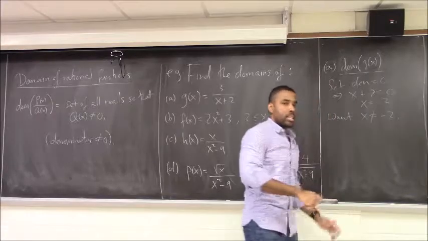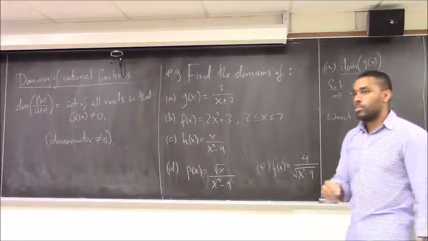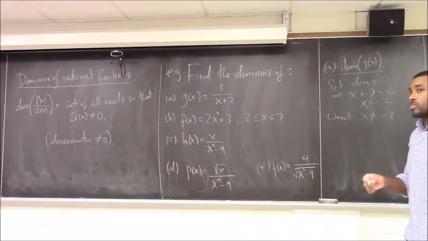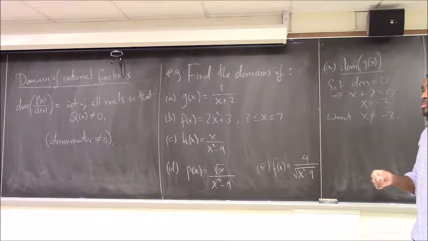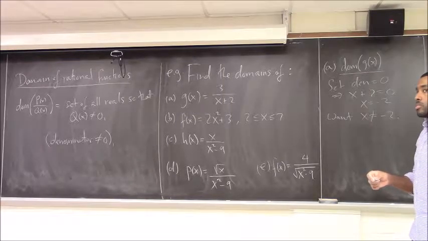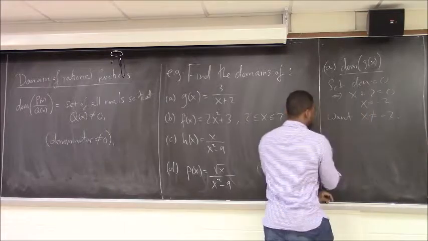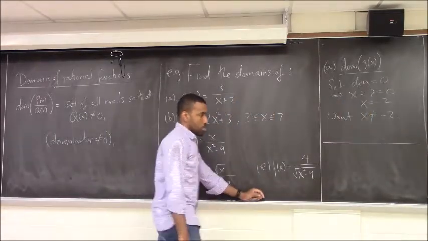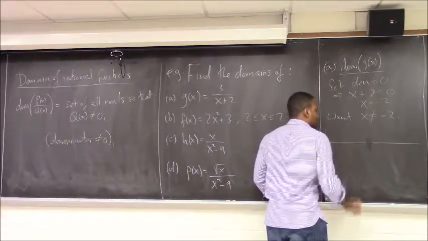How do you actually write that down? Negative infinity to -2, and then -2 to infinity. Okay. At least in the beginning, especially if you don't remember much of this, I'd always draw a picture. It'll help you keep things on track.